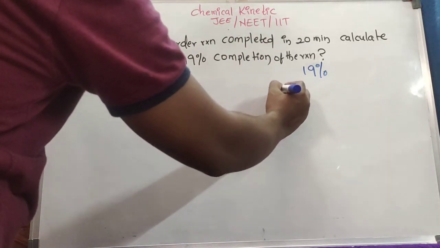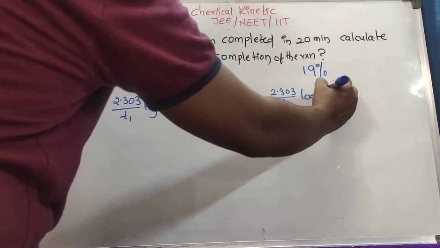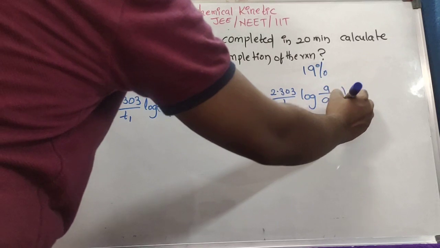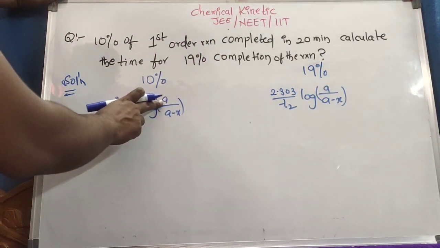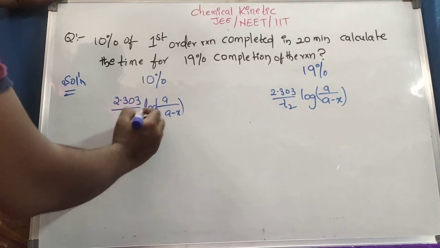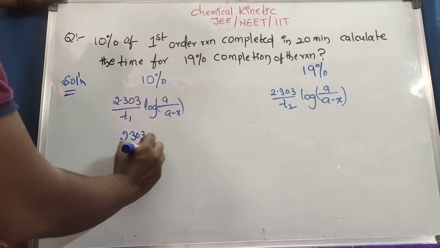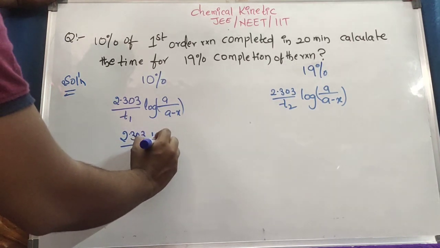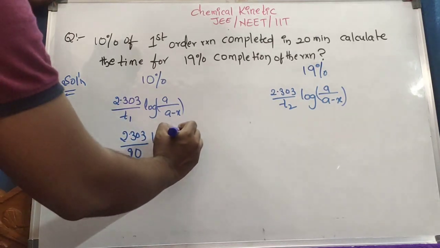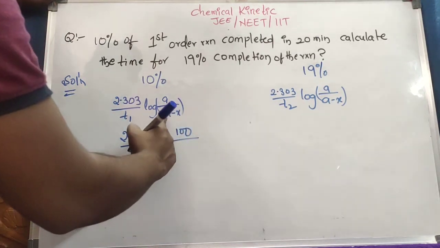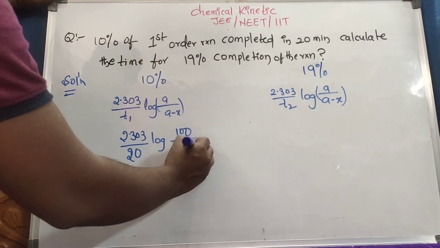Here also 2.303 by t2 log A by A minus x. So A equals 100 and time equals 20 minutes, and in this 2.303 by 20 log 100 by 100 minus 10, that means 90.